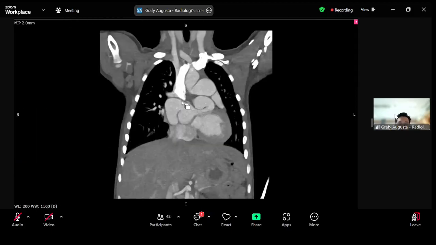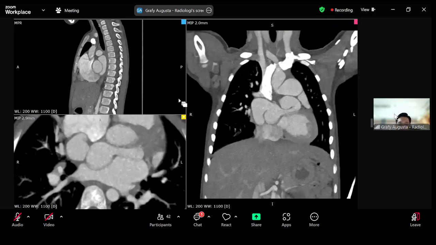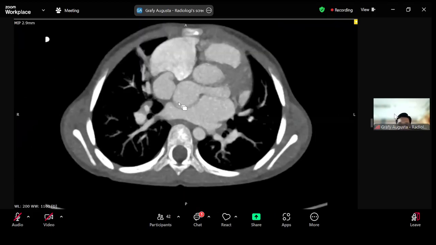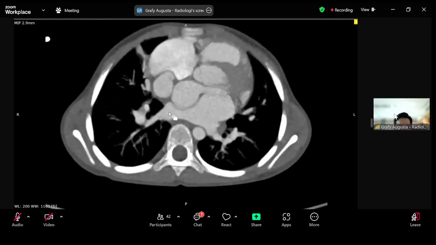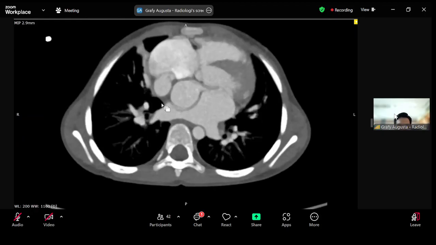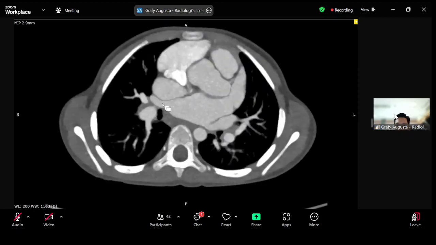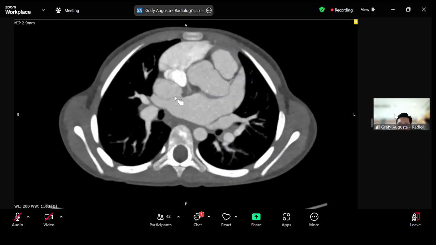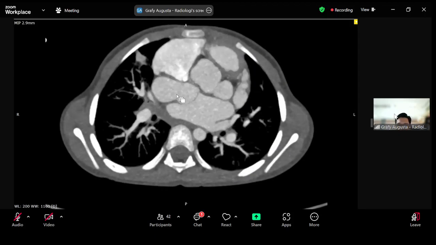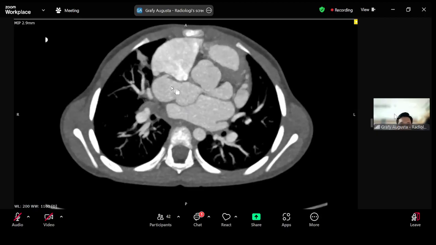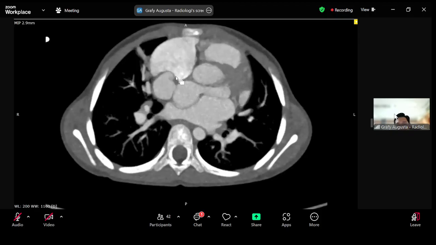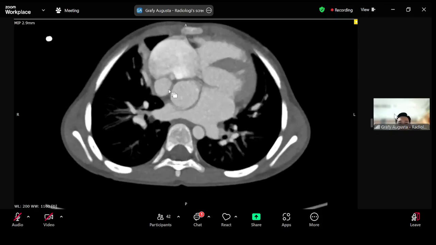And this aneurysm is causing a stenosis of the right pulmonary artery. And this vessel also goes to the defect at the right atrial wall.